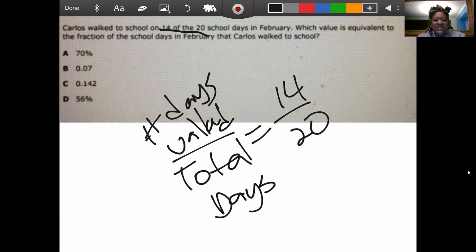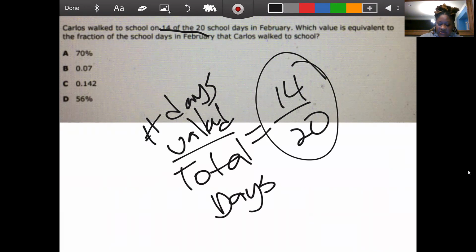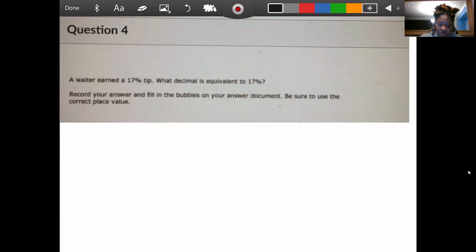So remember, 14 of the 20 days. Guys, as soon as you hear that, know that you need to make a fraction because it's talking about the total and how much of the total, there's a part. Whenever it's talking about a part of a total, I need y'all to instantly know you make a fraction, okay? So you convert this fraction to a percent or decimal.